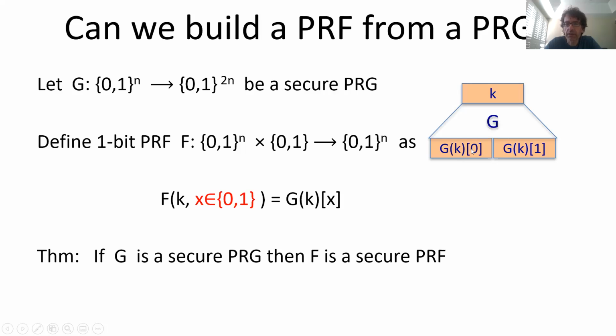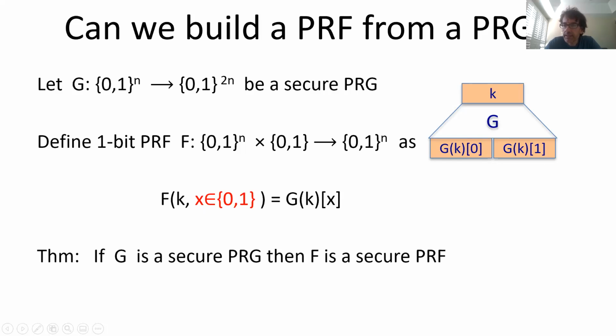And let's call the first block, the left side of this output, G_k index 0, and the right-hand side G_k index 1. So this will be a PRF on key k and input 0, and this register is a PRF on key k and input x equal 1.